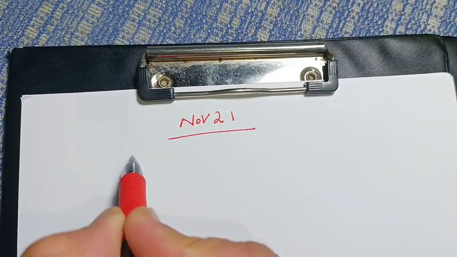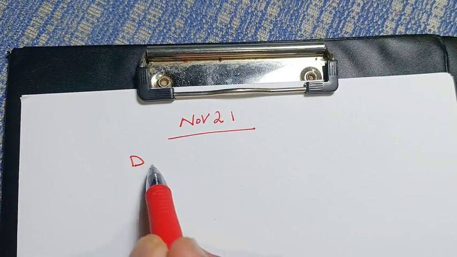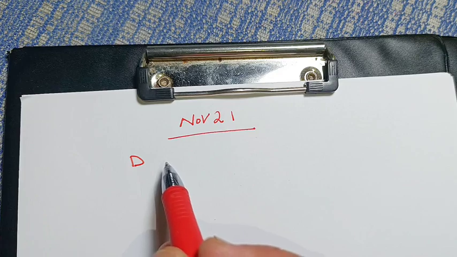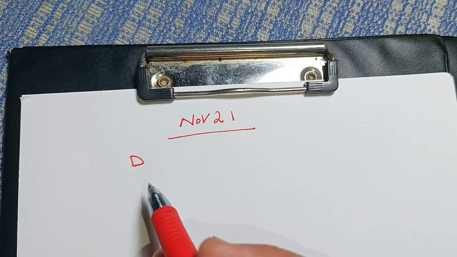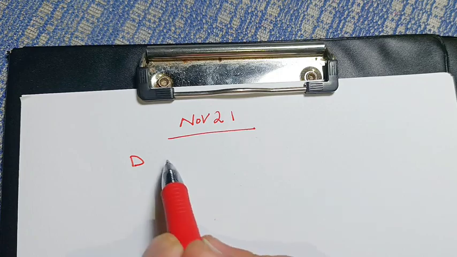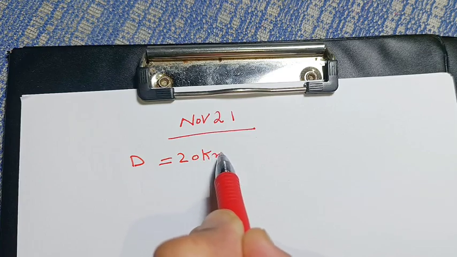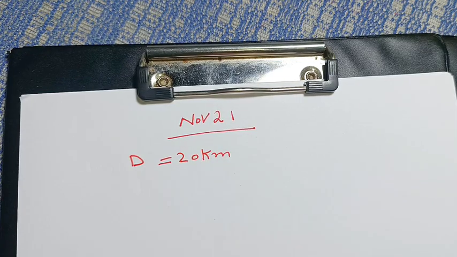Have a look here. This is the information we have in this word problem. The distance, which I denote with d, is going to be 20 kilometers. That's the distance from home.